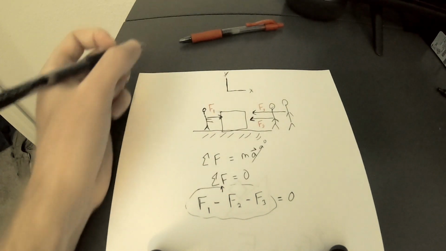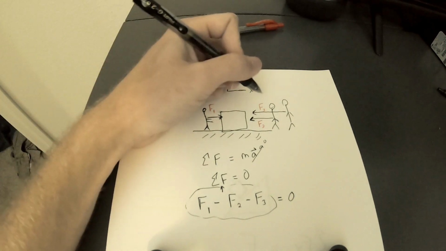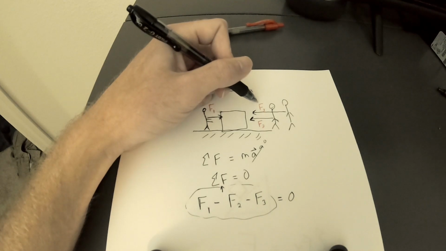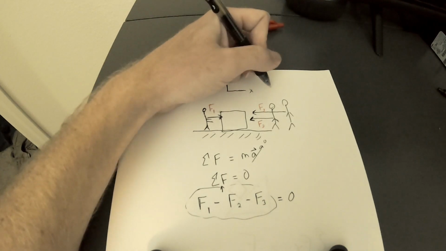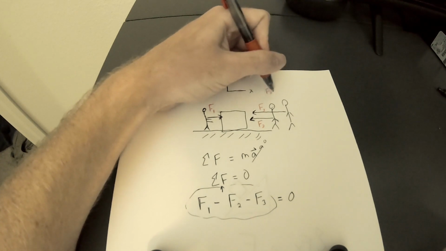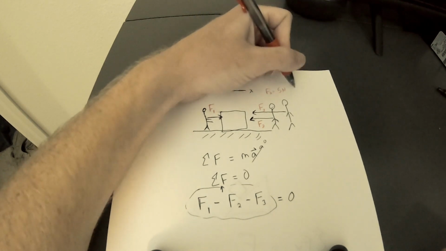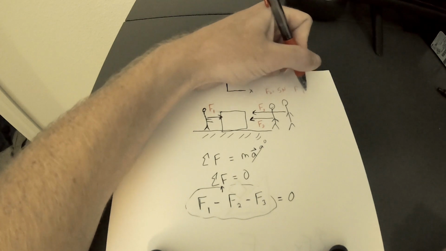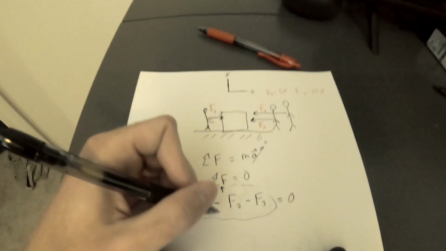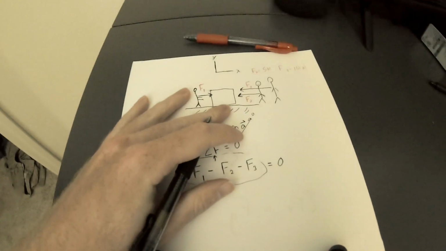So say you wanted to find F1, and we know what F2 and F3 are. Let's say F2 is 5 newtons and F3 is 10 newtons.